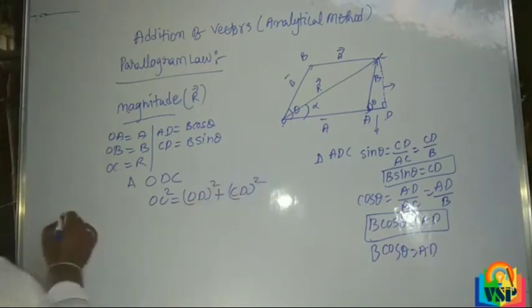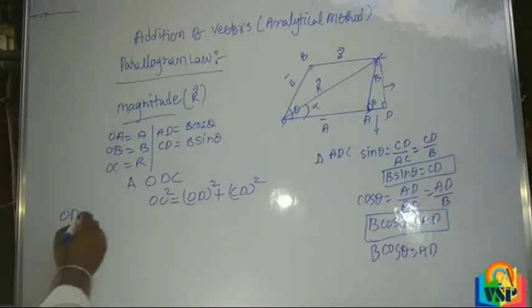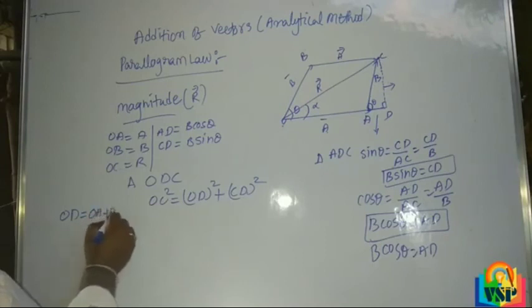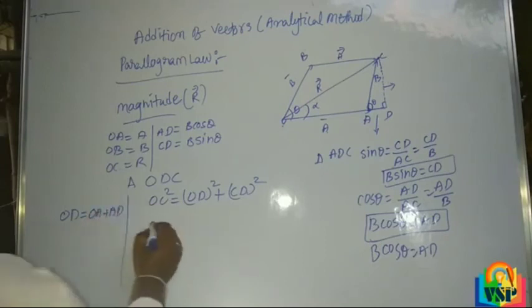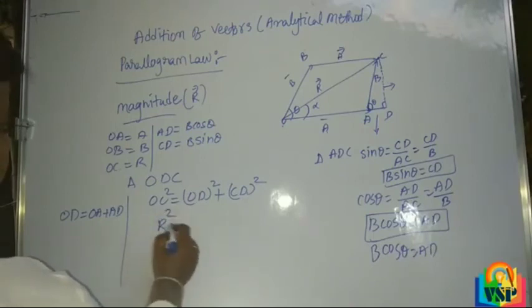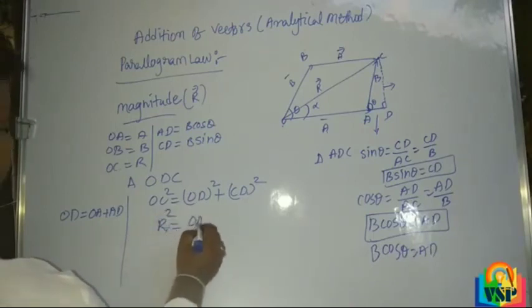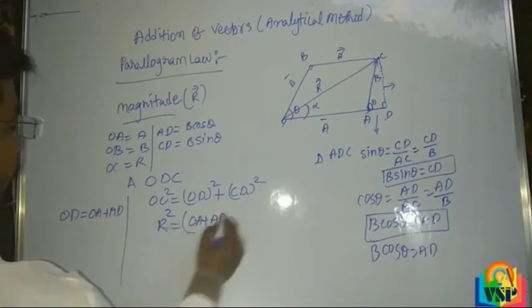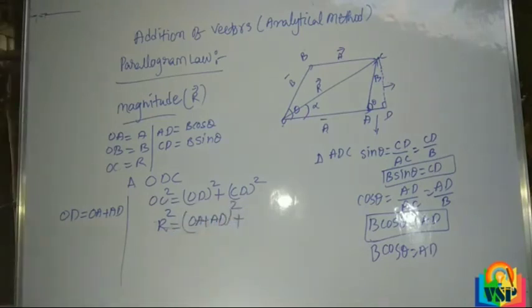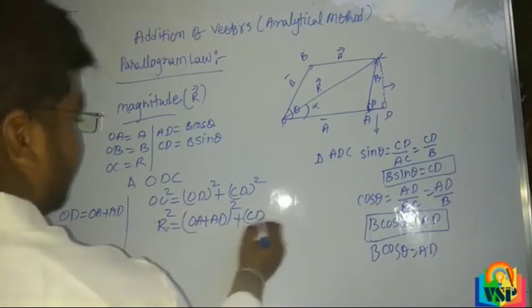OD is equal to OA plus AD. OC square means R square is equal to OA plus AD whole square plus CD square.